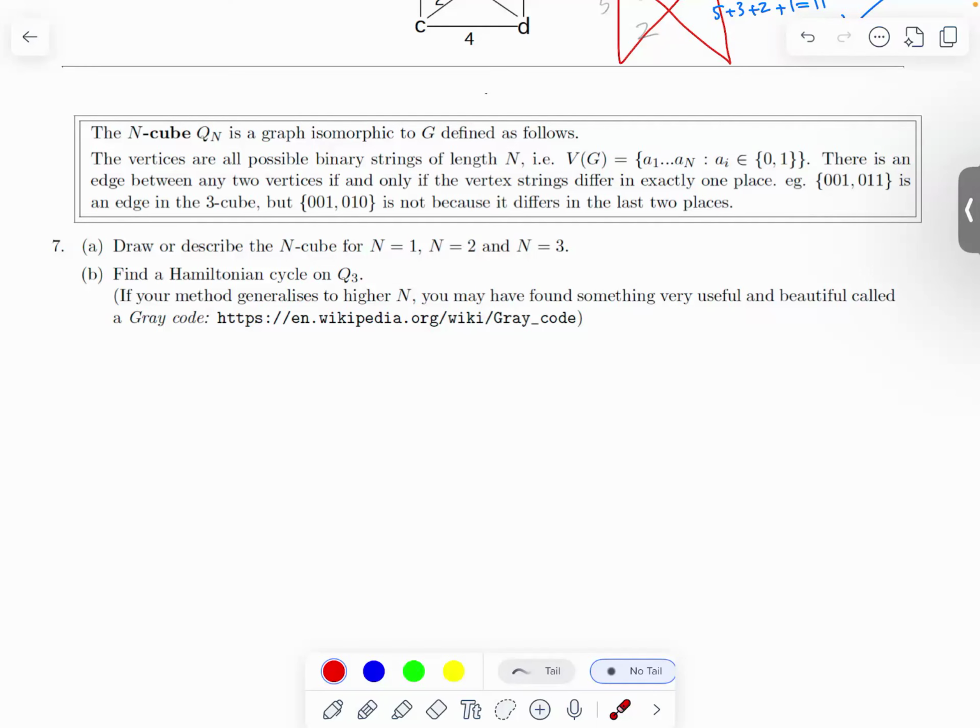So the n-cube, Qn, is a graph which is isomorphic to the following description. The vertices are all possible binary strings with length n. So give me an example of binary length 2. Give me a number which is binary and its length is just 2 digits.